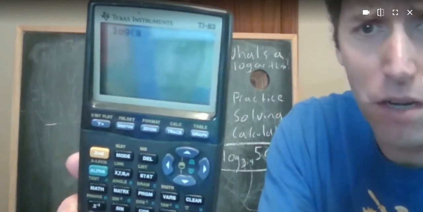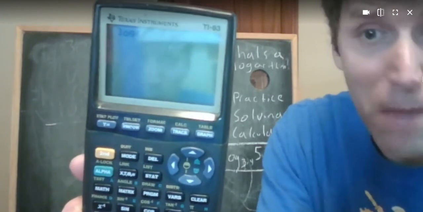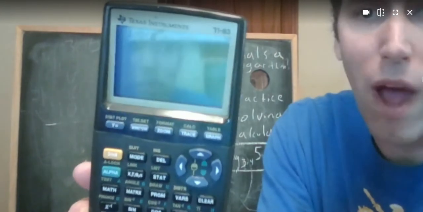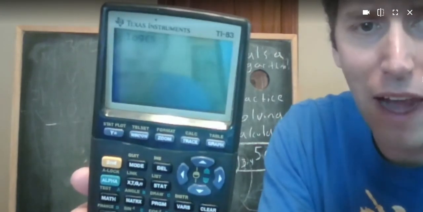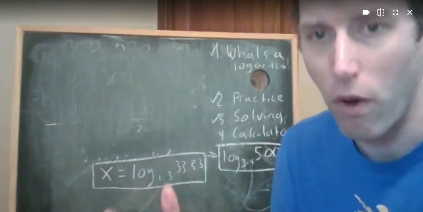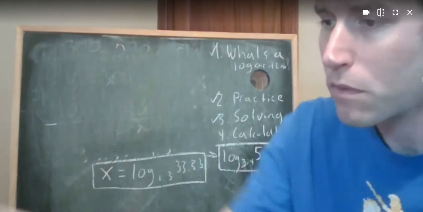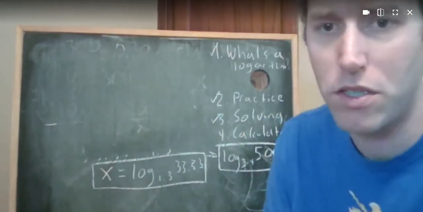Your calculator, depending on what type you have, may or may not. And there's a reason why it doesn't: there's a formula that allows us to evaluate any base you want, and the formula is so simple that it's not even worth putting a special button on your calculator for it. It's called the change of base formula.